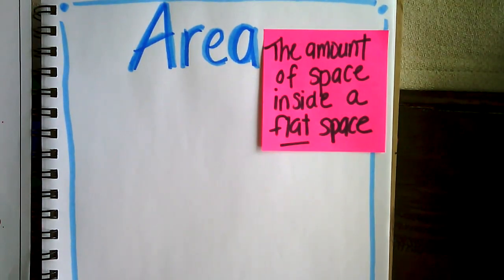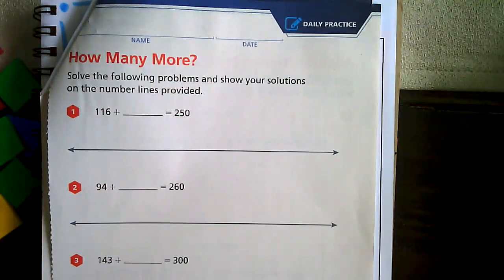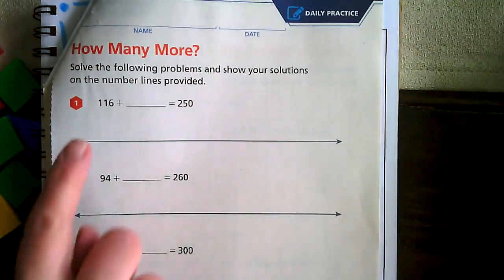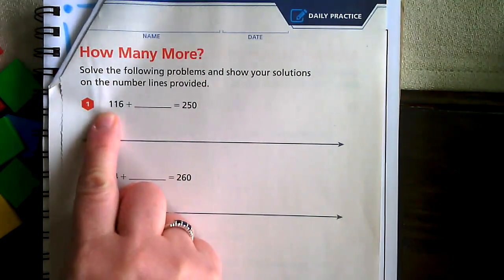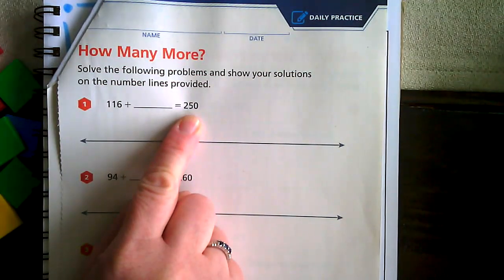For homework today, it's just going to be a review of something that we've done a while ago. Let's just kind of keep those addition skills fresh. Here is your homework. How many more? You need to find what number, when added to 116, would get you to 250.